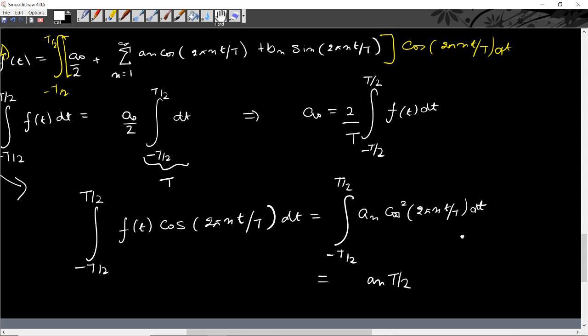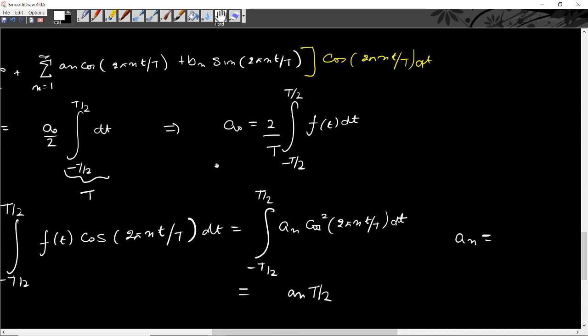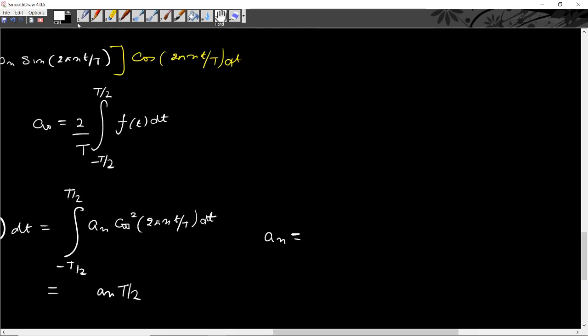Therefore, I can write an as, if you can see over here, I have this term multiplied by 2 over T. So that means an is given by 2 over T, the integral of f of t times cosine 2 pi n t over T times dt.